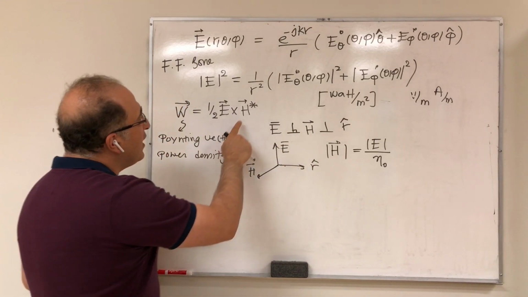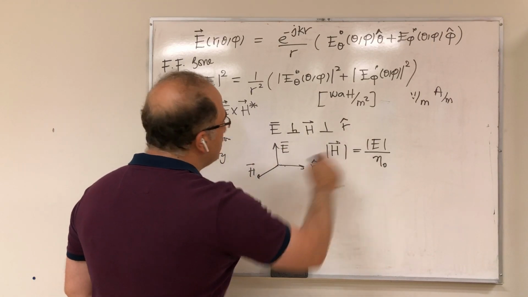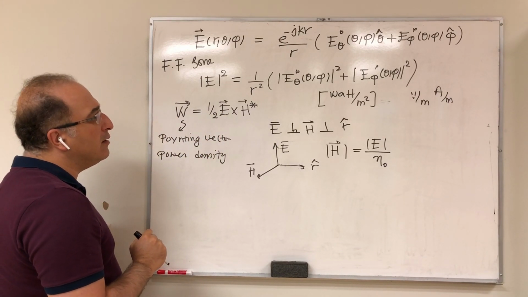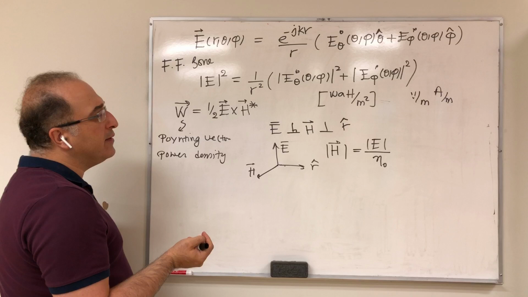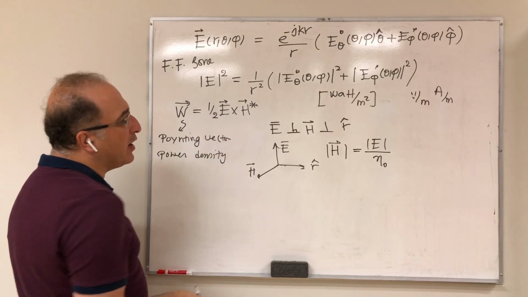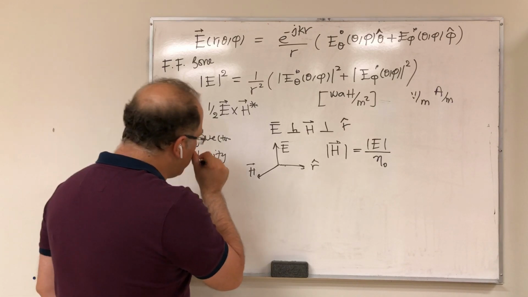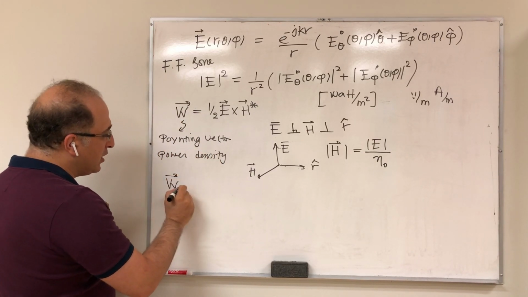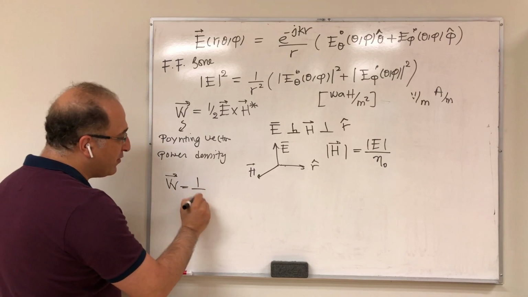And because H is related to E using this equation, we can simplify this. You can just write W as equal to half.